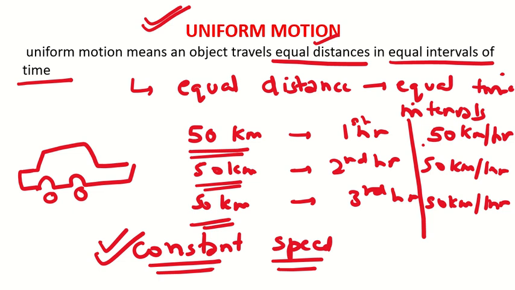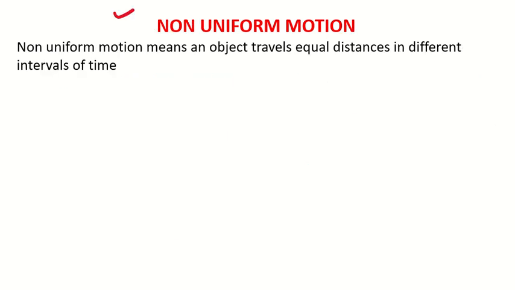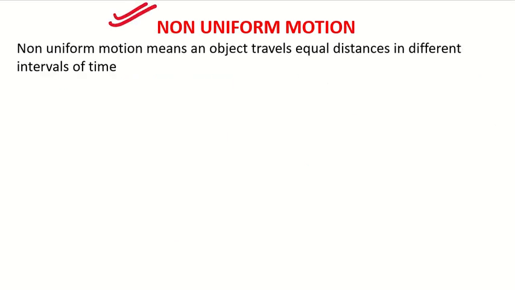Now let us move on to our next topic, that is non-uniform motion. Non-uniform motion means an object travels equal distance in different intervals of time, right? So here let us again take an example of a car.